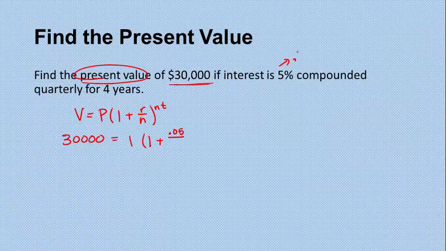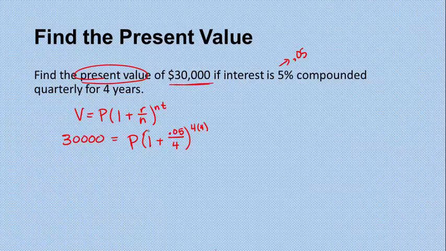Remember, we're using 0.05. And I'm compounding it quarterly, which means 4 times. And then it's 4 times 4, 4 for the quarterly and 4 for the number of years that we are watching this grow. So how much do I have to invest today? This should say P, sorry. How much do I invest today to reach this goal of $30,000 4 years from now with this given situation? So we're going to go ahead and first figure out what this mess is right here.